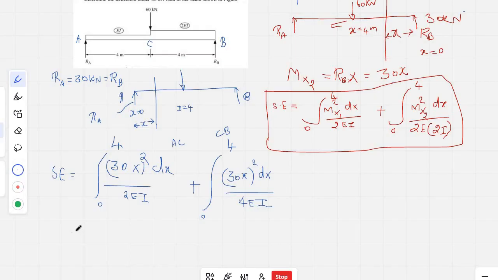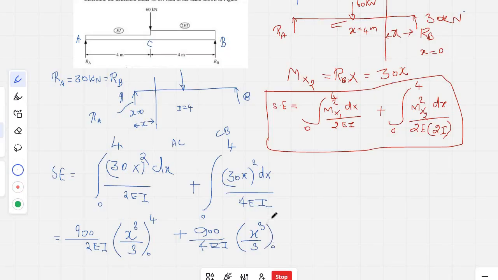Now here we have 900 by 2EI times, here x square gives x cube by 3, the limits are from 0 to 4, plus 900 by 4EI into x cube by 3 having limits from 0 to 4.